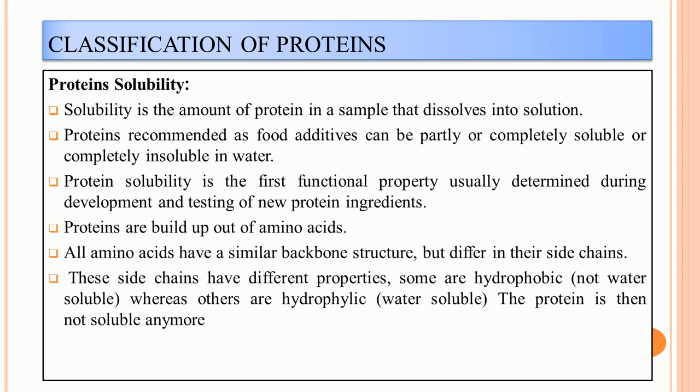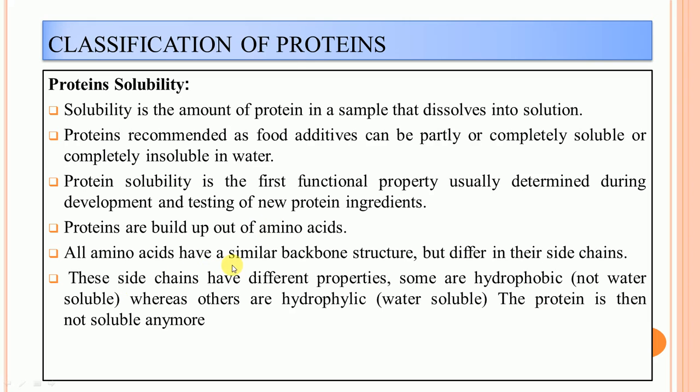Then, classification of proteins on the basis of protein solubility. Solubility is the amount of protein in a sample that dissolves into solution. Proteins used as food can be partly or completely soluble, or completely insoluble in water. Protein solubility is the first functional property usually determined during the development and testing of a new protein ingredient. Proteins are built up out of amino acids.